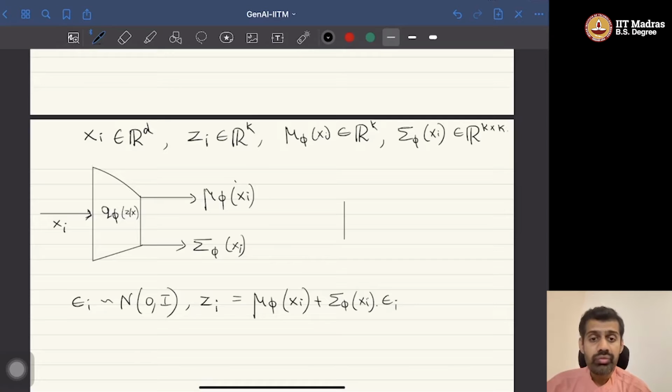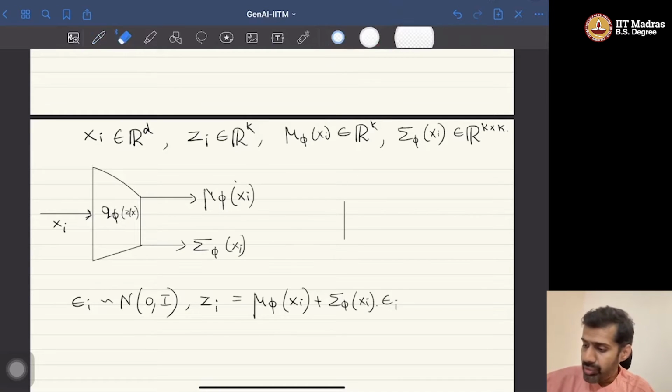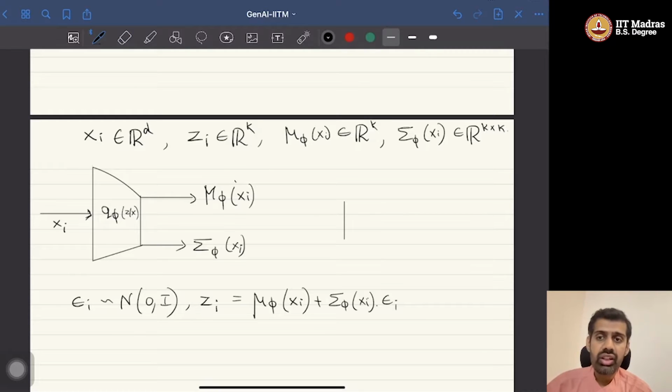Now in a usual implementation, the sigma matrix, which is the covariance matrix, is assumed to be a diagonal matrix, which puts it in R^k, because a diagonal matrix will only have k elements. You can take the rest of them to be 0.